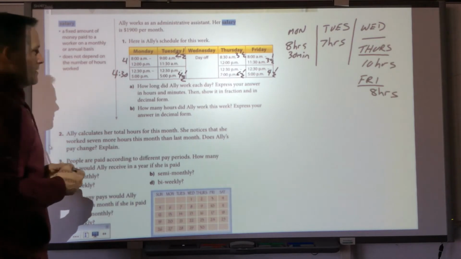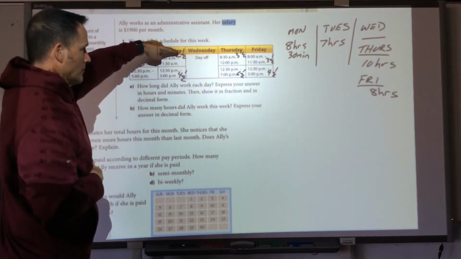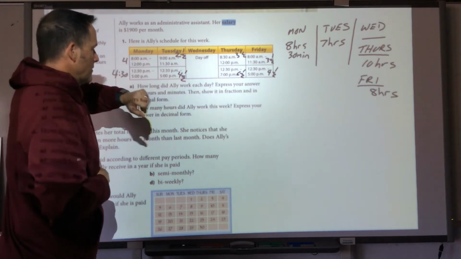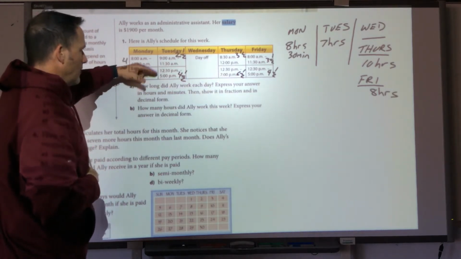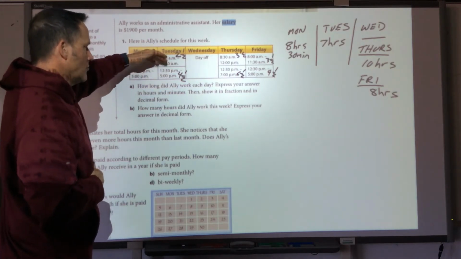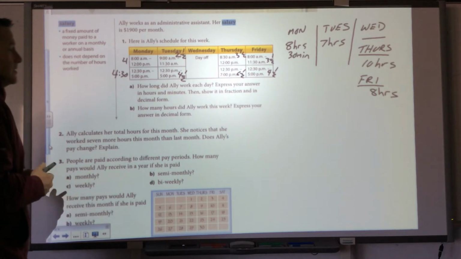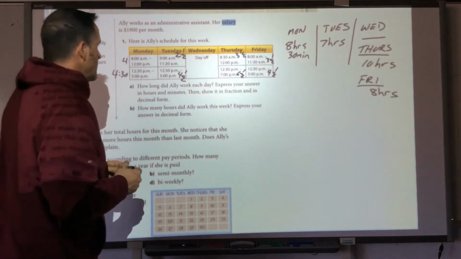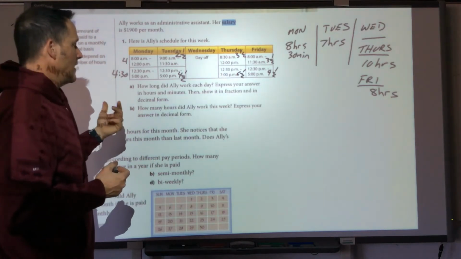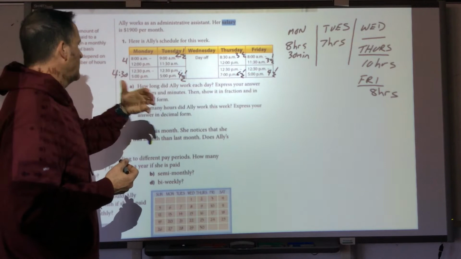How long did Allie work each day? Well, 2.5, or 2 hours, 30 minutes, 4 hours, 30 minutes, so on. Notice how they have separated this so you don't see the break time as part of the hours she worked. Some places will do that, and we'll get into that at different times. Express your answer in hours and minutes. We did that.